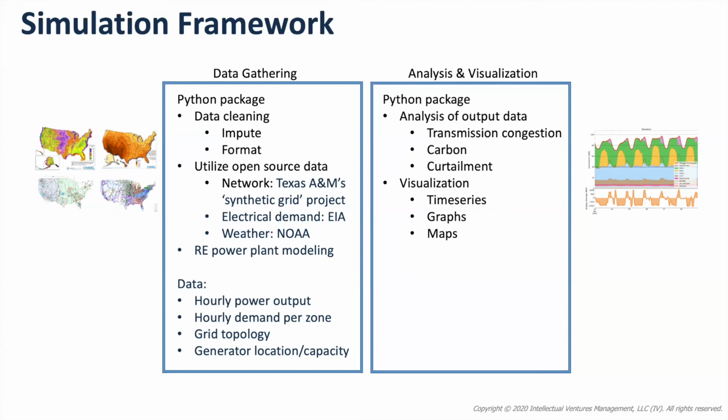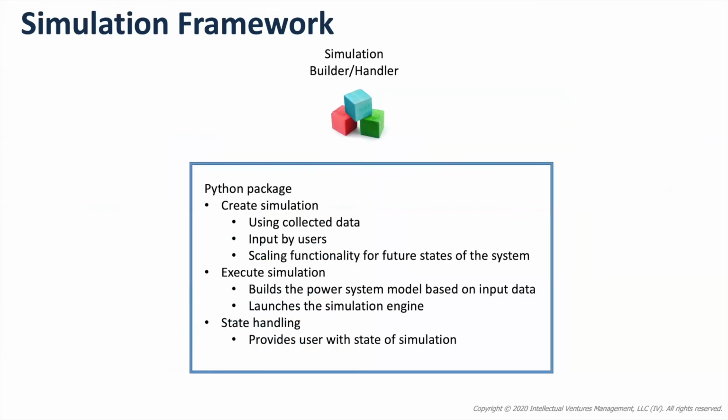On the visualization side, we have to translate output data that comes out of the model into meaningful output values. So we analyze this output, then translate this into transmission congestion, how much carbon was emitted in this electricity production, curtailment, and we show all kinds of plots we can see later.